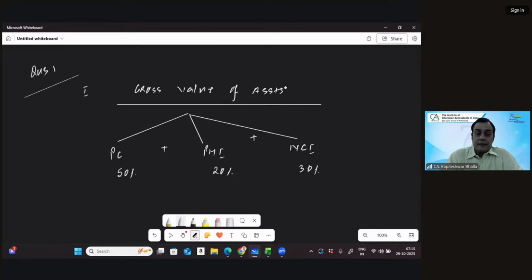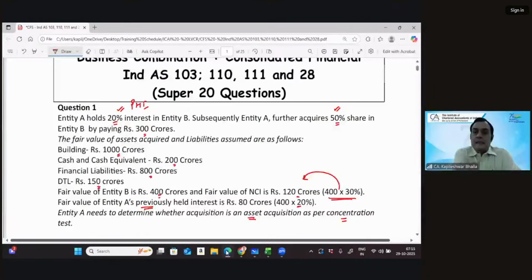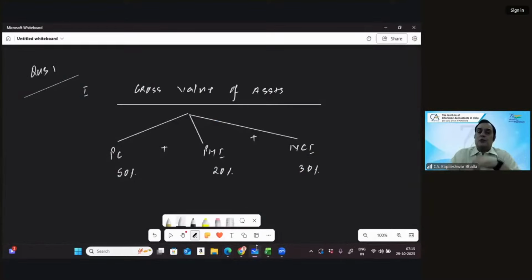Let's get the data and go back to the question again. It says entity A acquired 50% shares by making a payment of 300 crores. So the PC is 300 crores.